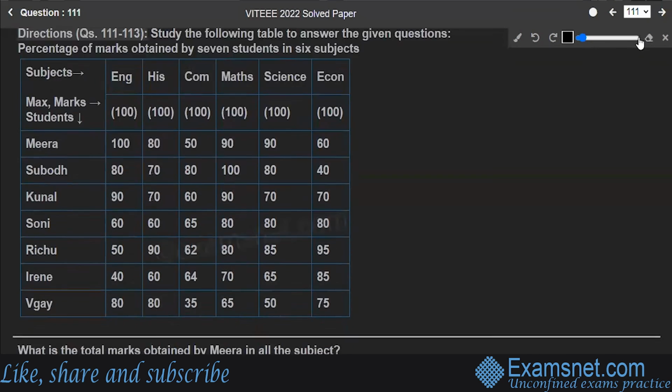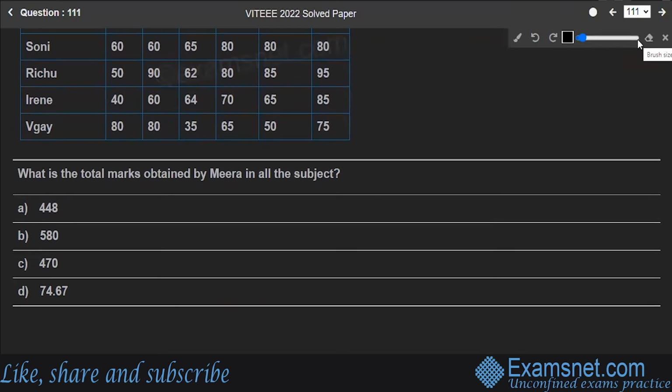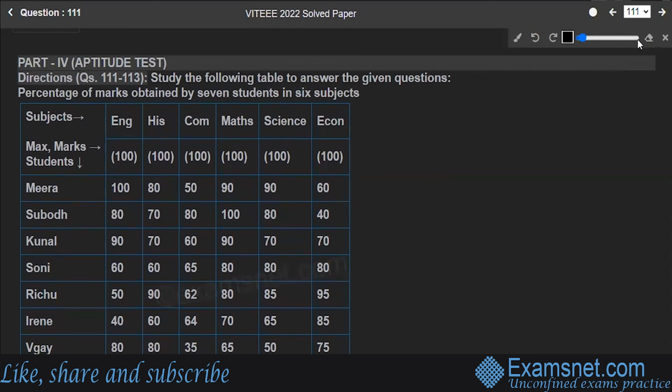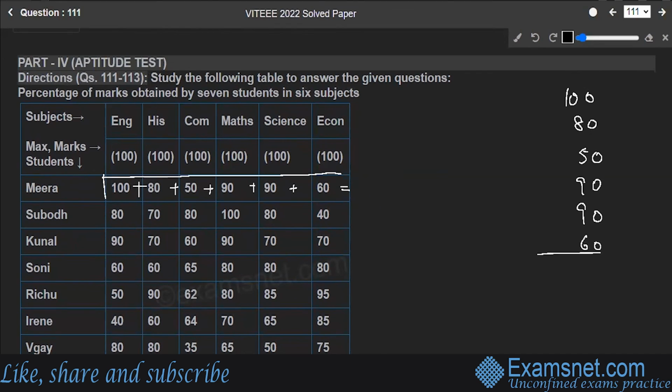Now the question says, what is the total marks obtained by Meera in all the subjects? Now I think this is pretty easy. Where is Meera? Here is Meera. So total marks will be given by adding all of them: 100, 80, 50, 90, 90, and 60.